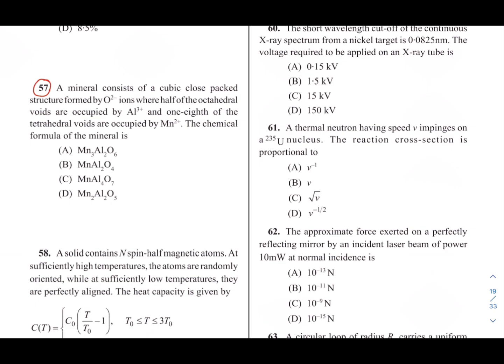So the number of oxide ions is 4 and the number of aluminium ions is 1/2 of the number of octahedral voids, that is 4, equal to 2, and the number of manganese ions is 1/8 of the number of tetrahedral voids, that is 8, is equal to 1. So the formula is MnAl2O4. Option B is the correct answer.